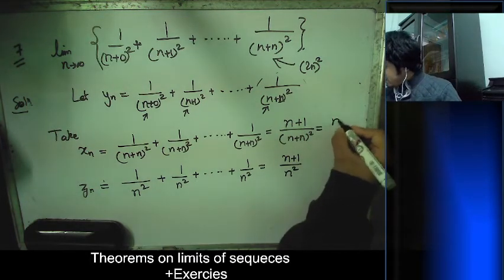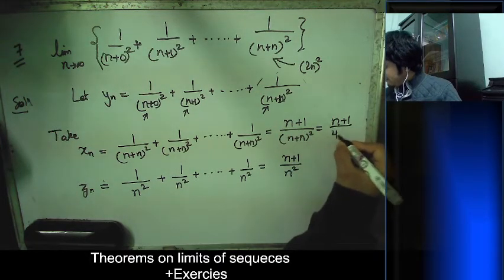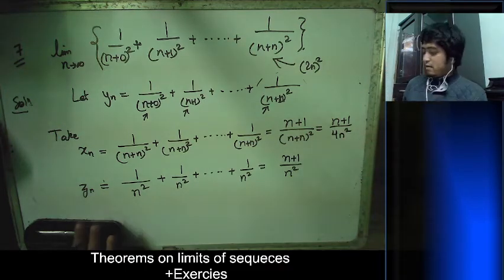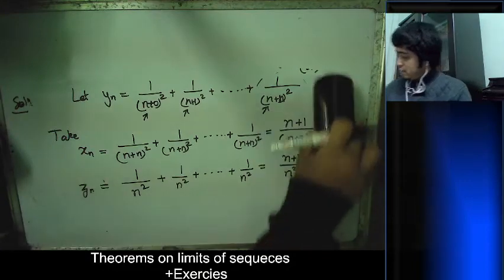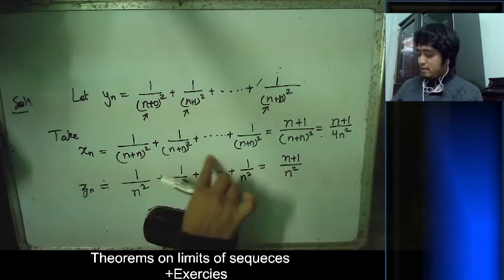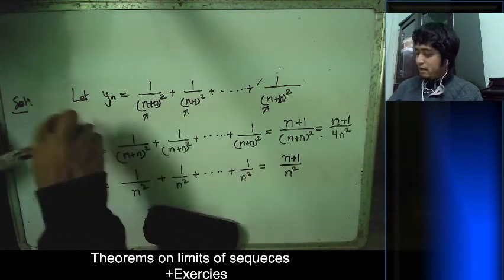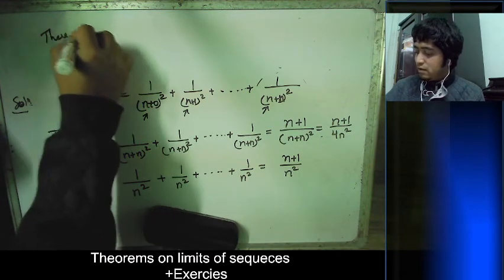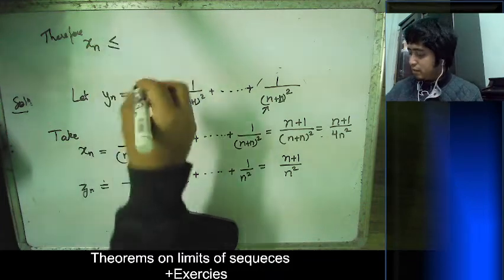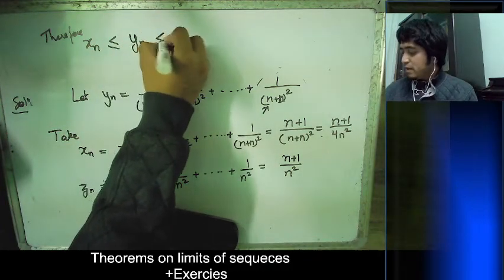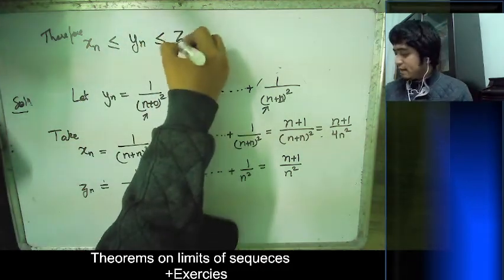The xn one we can actually write down as n plus 1 by 4n square. So since we have replaced with the smallest term everywhere, xn will be smaller or equal to yn, which will be smaller or equal to zn.